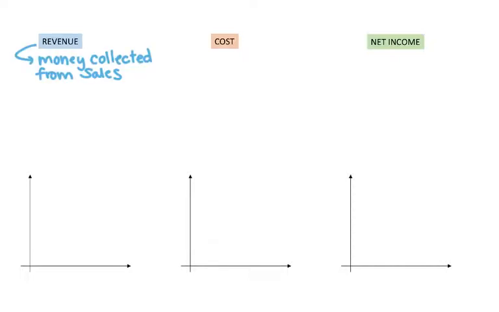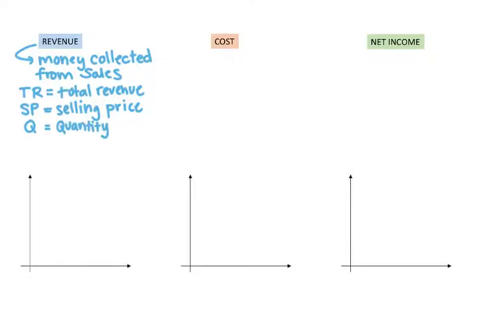We use the letters TR to stand for total revenue. SP stands for selling price, the selling price of the item. And Q equals the quantity sold. So the formula that you must know is that total revenue is always calculated by multiplying the selling price times the quantity.